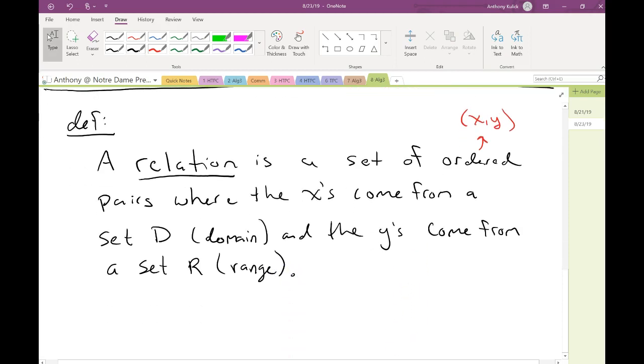So a relation is a set of ordered pairs where the x part of our ordered pair comes from some set D. We call that set the domain. And the y's come from some set R. We call that set the range.